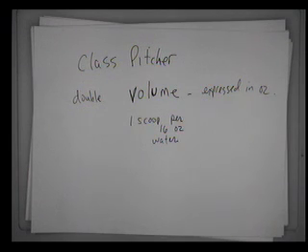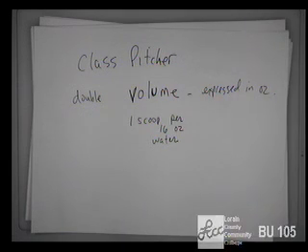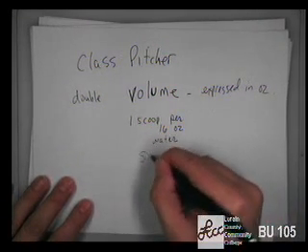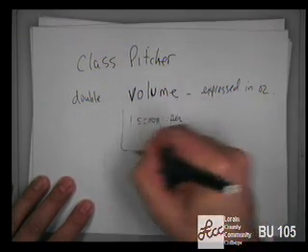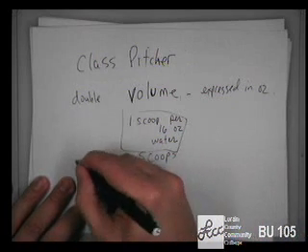But a question that my iced tea pitcher class or object should be able to answer is, how many scoops do you need to make a pitcher? So we'll say how many scoops, and that will also be a double, right?